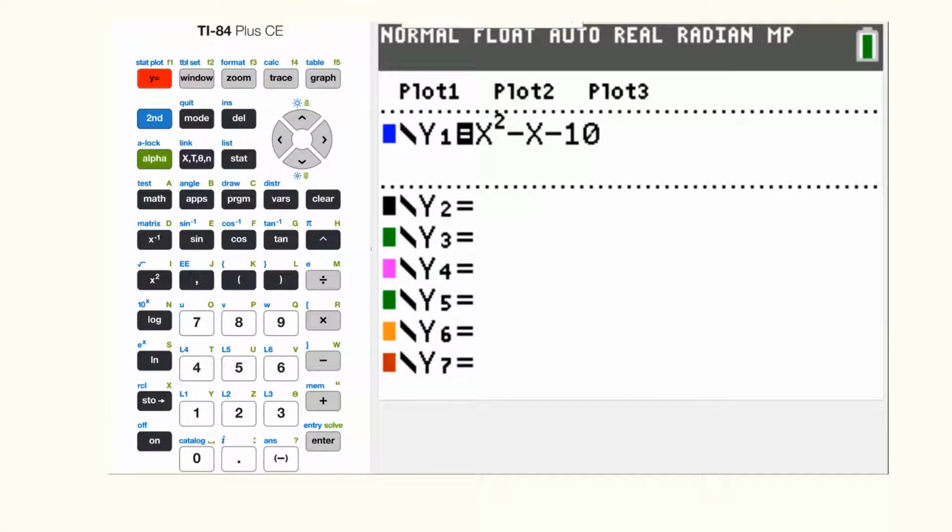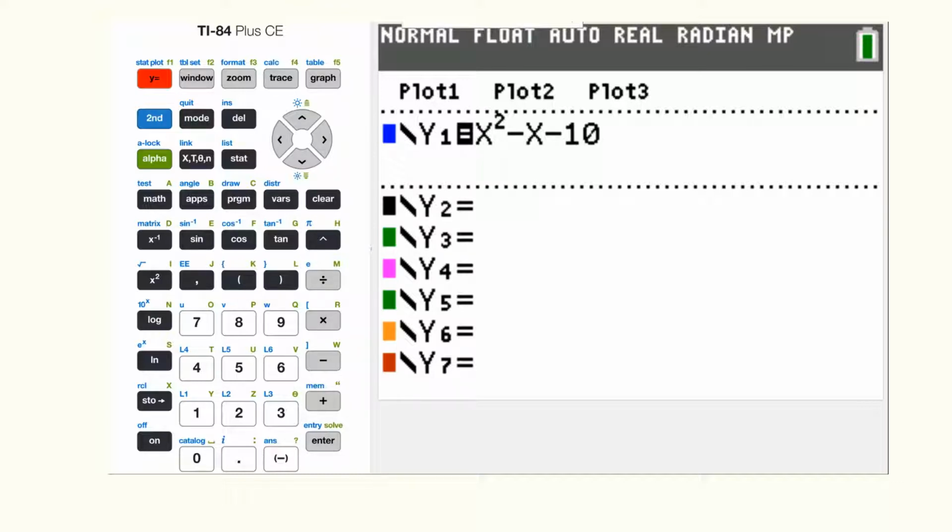Well, sometimes when we're trying to find the solutions, the roots, or the zeros of a quadratic equation by graphing, we'll find that the graph is not crossing the x-axis on a grid line or at an integer, but rather it's somewhere in between.